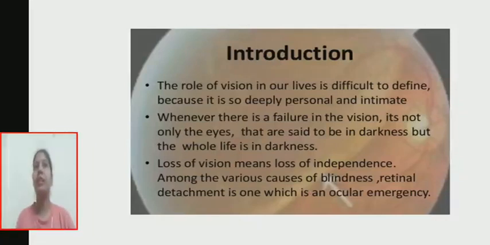Whenever there is a failure in the vision, it's not only the eyes that are said to be in darkness, but the whole life is in darkness. Loss of vision means loss of independence. Among the various causes of blindness, retinal detachment is one which is an ocular emergency.